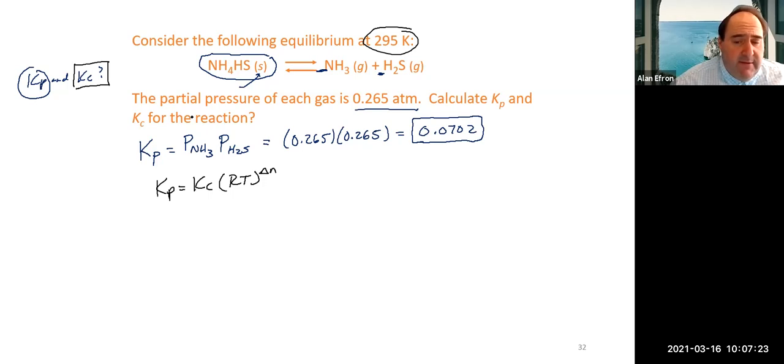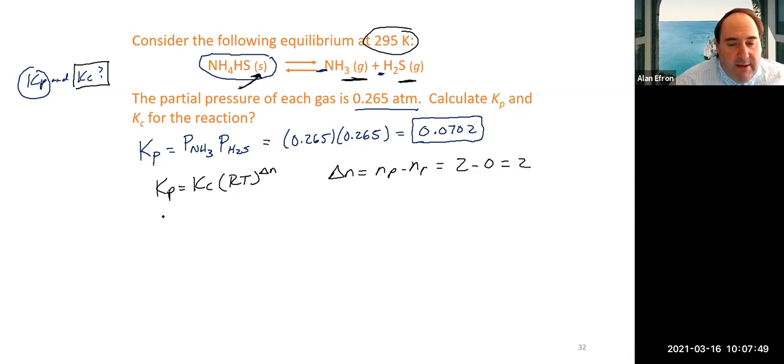That means we do want to figure out delta n. Remember that delta n here is the moles of the product minus the moles of the reactants. On the product side, I got 1 gas molecule there, 2 gas molecules there. On the reactant side, this being a solid means we got nothing there. So in this case, our delta n would equal 2.